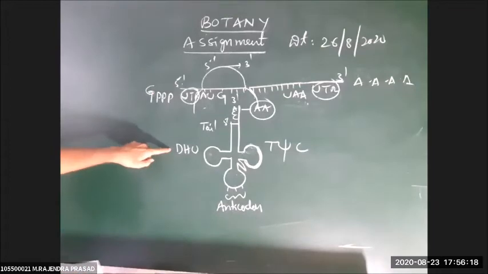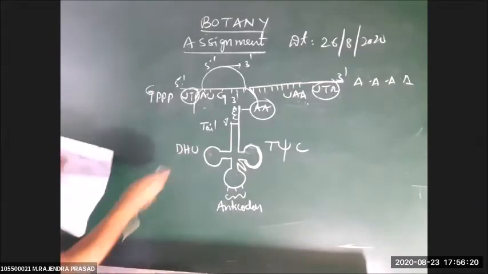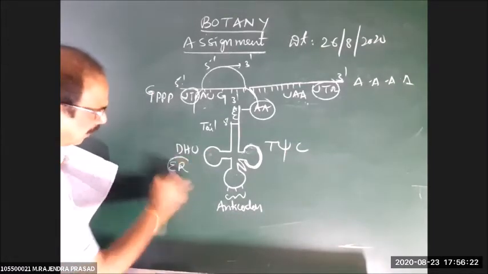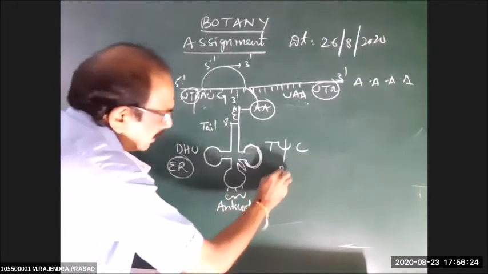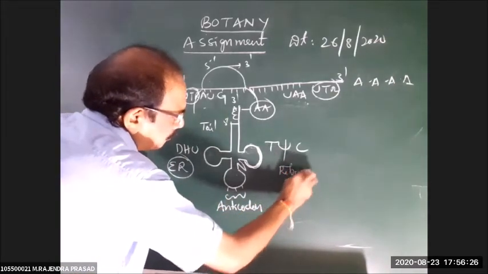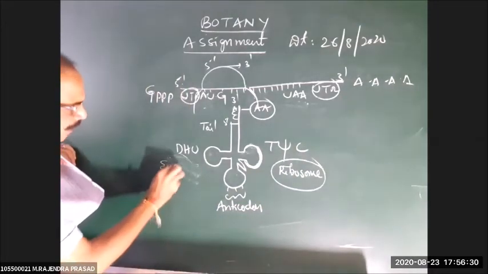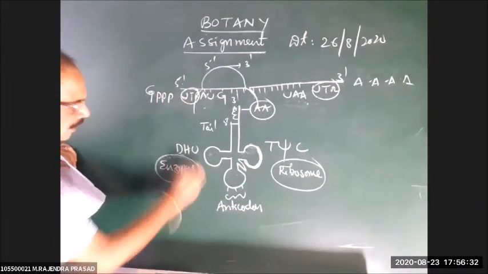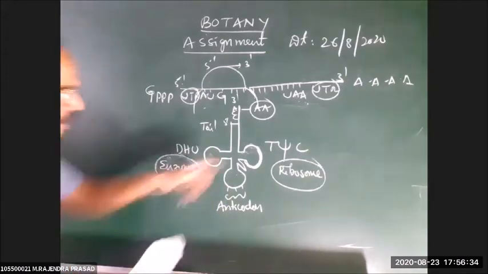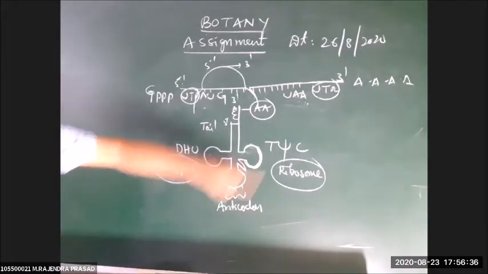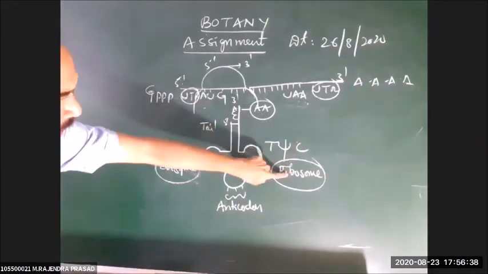This is the enzyme recognition loop, and this loop recognizes the ribosome. The DHU loop recognizes the enzyme, this is the anticodon loop, and this is the T-psi-C loop, the ribosome recognition loop.